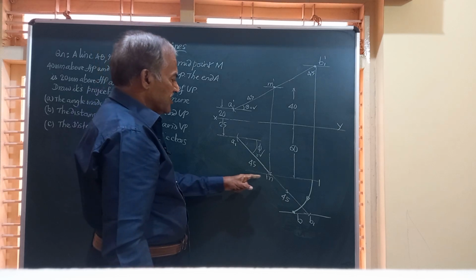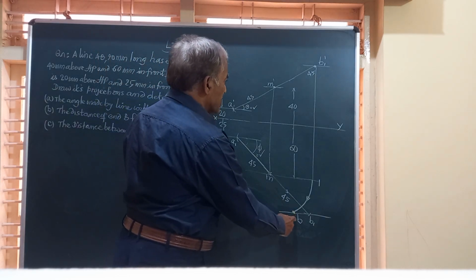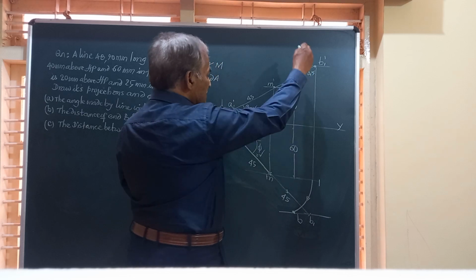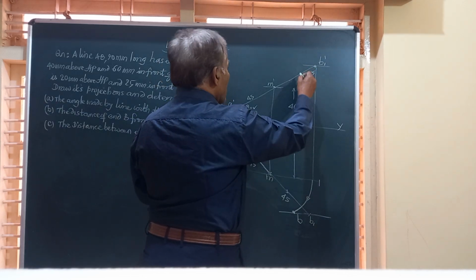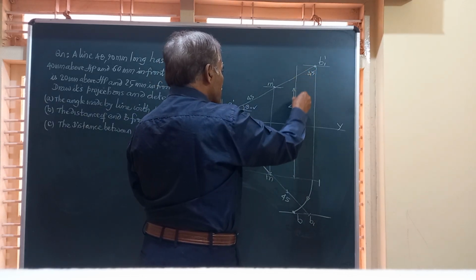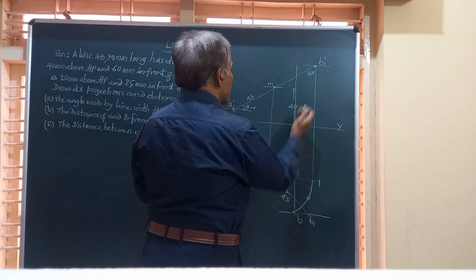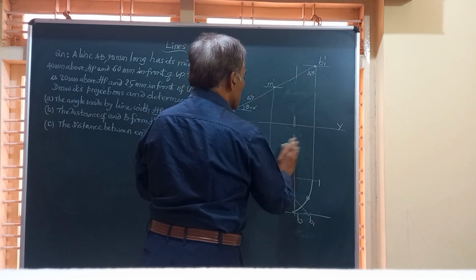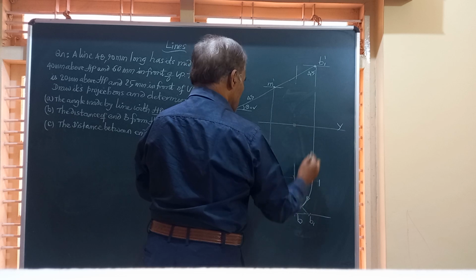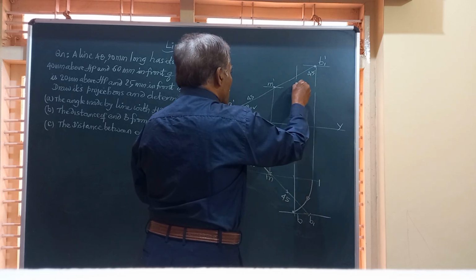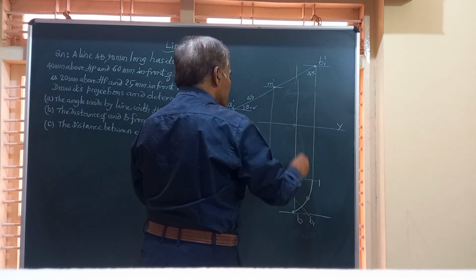Friends, we have got M, we have got B. Now friends, you can actually extend it further on the vertical line through this, extend further upwards and obtain what is called the point B dash.